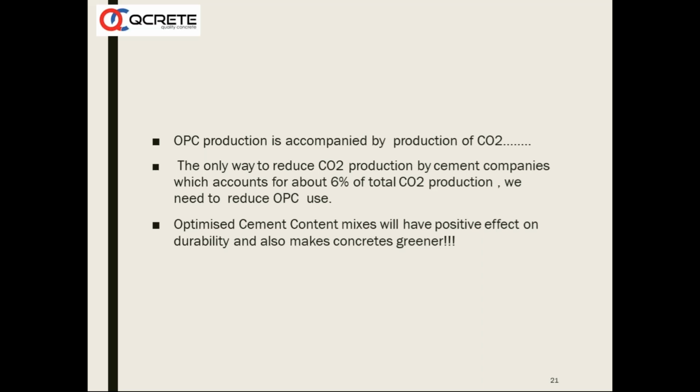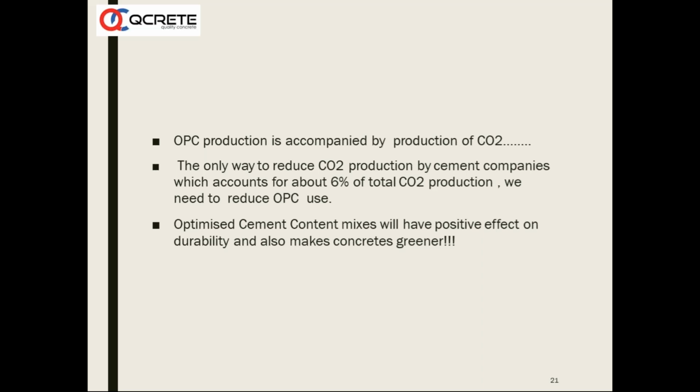OPC production is accompanied by production of carbon dioxide, one of the biggest challenges for cement companies. Every 1 ton of cement produced gives off 0.8 to 0.9 ton of carbon dioxide into the atmosphere. Each 1 ton of carbon dioxide produced by human beings occupies 156 cubic meters of space.